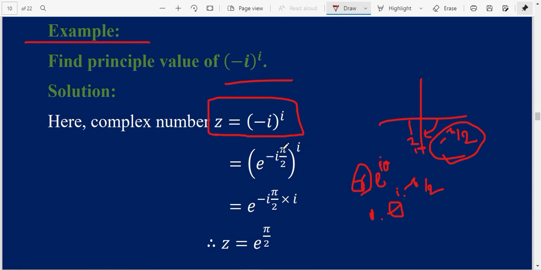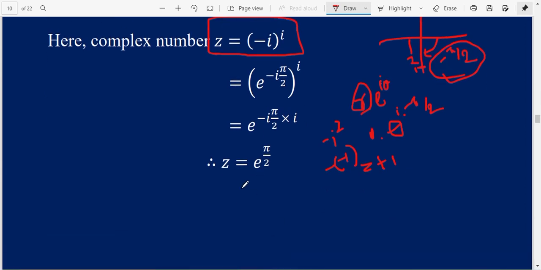Now multiplying this, e raised to minus i pi by 2 into i. So i into i is i square, and i square is equal to minus 1. So minus into minus 1 is equal to plus 1. So z is equal to e raised to pi by 2.